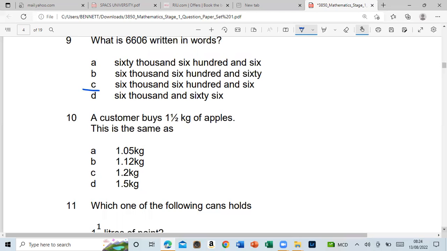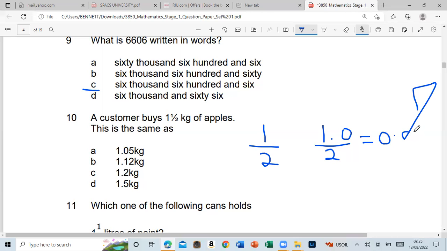Very good. Remember, a half is equal to 0.5. We did that conversion, right? All we're doing is dividing by 2. 2 into 1 goes 0 times. 2 into 10 goes 5 times. So a half is the same thing as 0.5.